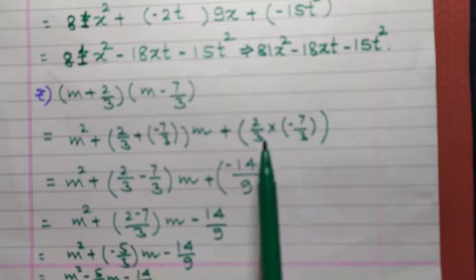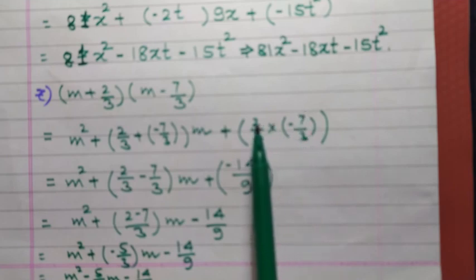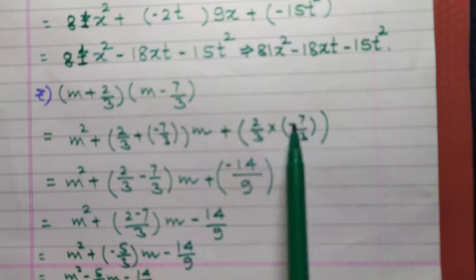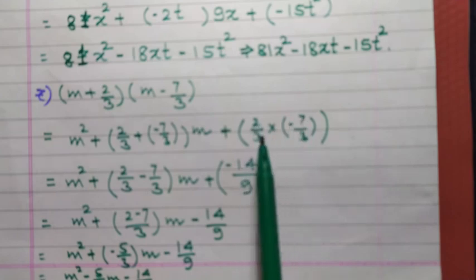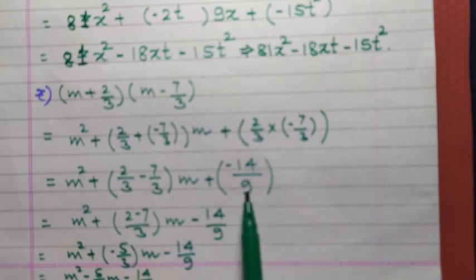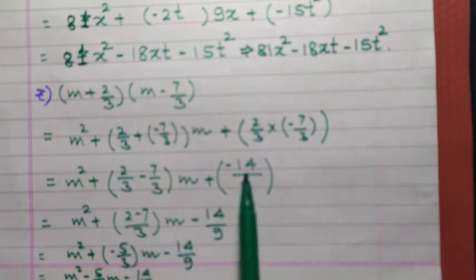Numerator by numerator, denominator by denominator. 2 sevens are 14, but it is minus 7, so 2 into minus 7 will give us minus 14. 3 threes are 9. Here denominators are the same, so we add or subtract only the numerators: 2 minus 7. I have written (2 minus 7)/3 times m minus 14/9.